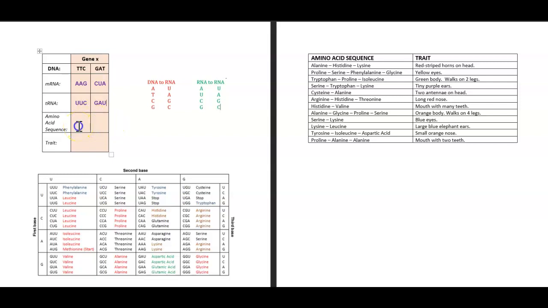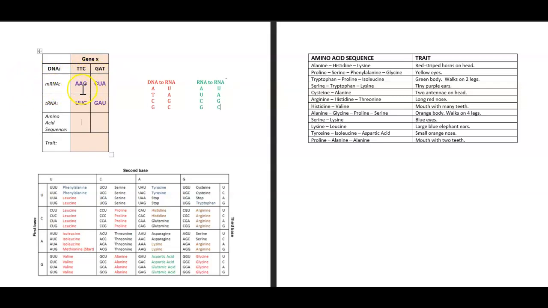Now we have to find the amino acids that these code for. One thing to keep in mind is that these charts sometimes look like this, sometimes they're a wheel, sometimes they're a list. Either way, these are the mRNA codons that code for an amino acid. So we're going to use this code here in the middle to look them up.